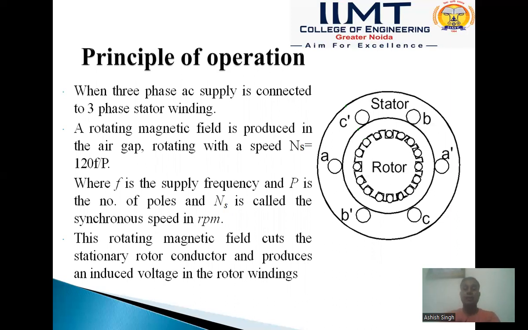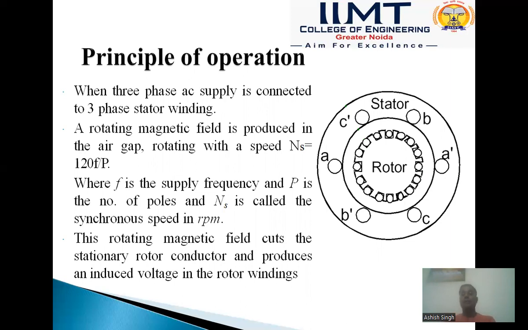And this rotating magnetic field rotates with synchronous speed in the air gap, given by Ns equals 120 f upon P, where f is the supply frequency and P is the number of poles. Ns is called the synchronous speed of the rotating magnetic field, measured in RPM, that is revolutions per minute.